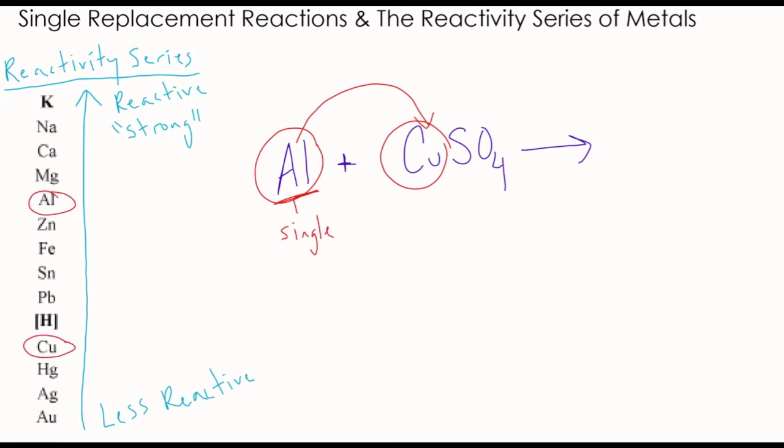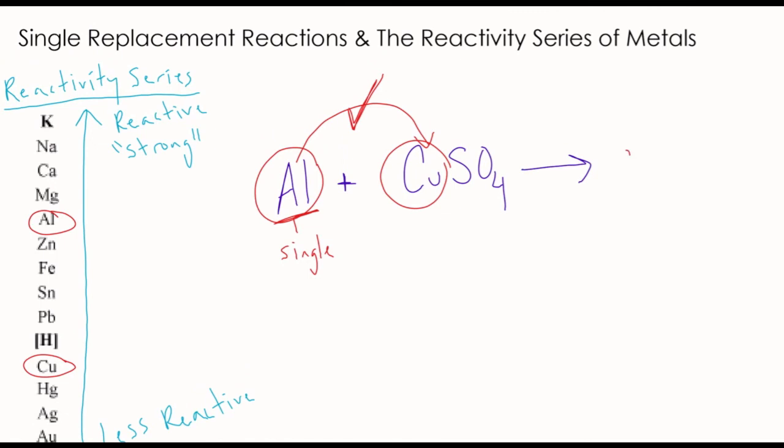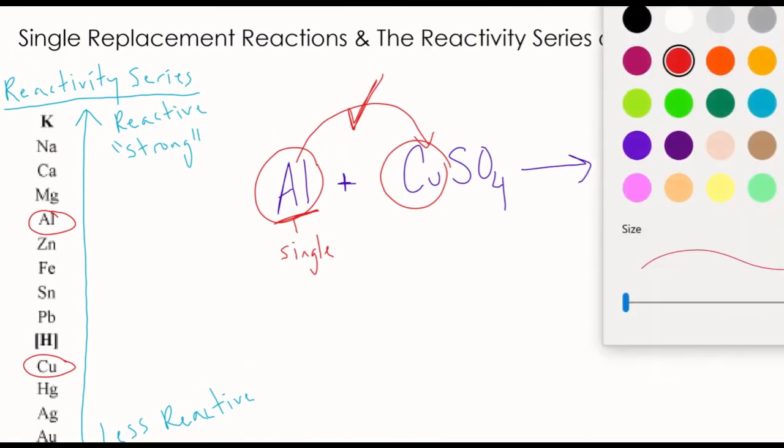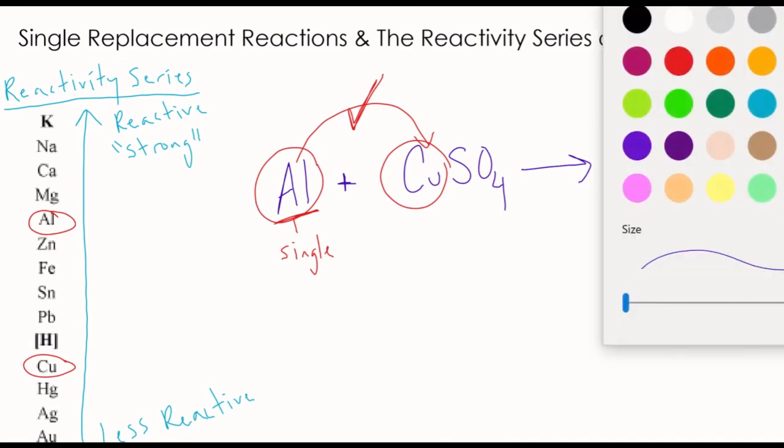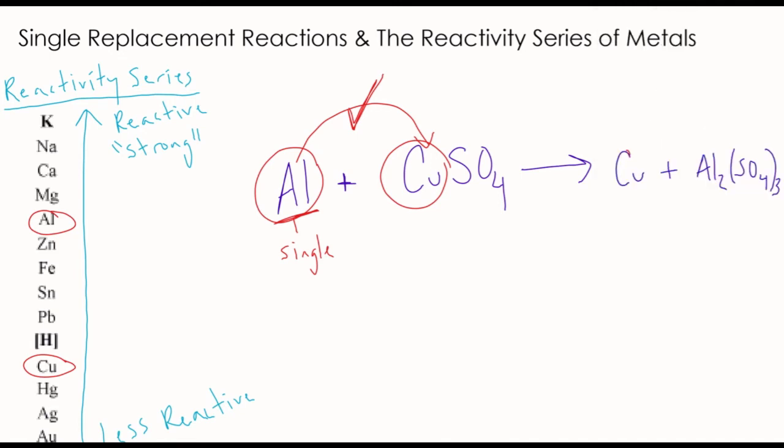So is aluminum stronger than copper? Yes, it is, because it's higher on the chart. That means this will be a successful attack. Copper is going to get kicked out by itself. And then aluminum is going to bond to the sulfate. I'm just going to take a second to balance this one as well, just to get practice balancing in.